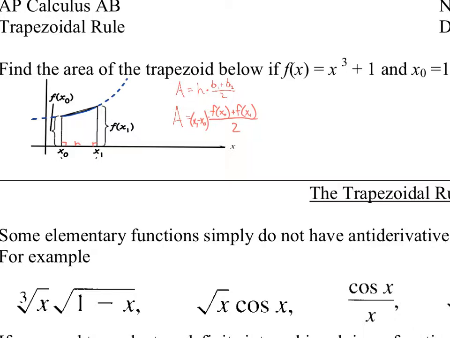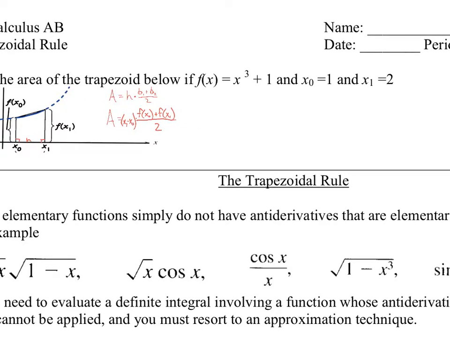Now, if we actually have this function, this is the function x cubed plus 1, and we're going between x equals 1 and 2, then we can figure out what that area would be. It would be 2 minus 1 times f of 1 plus f of 2 over 2.